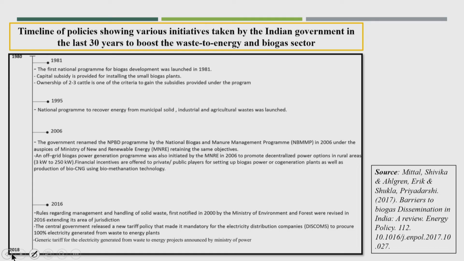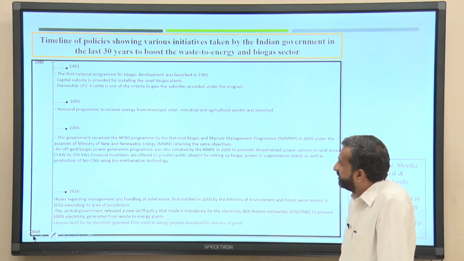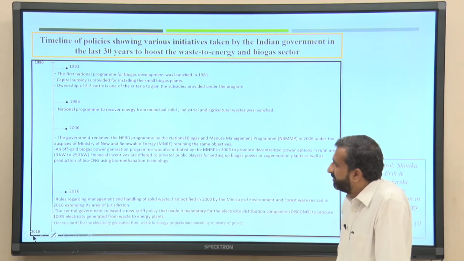I also saw in some states, I visited a few locations in Nagaland, where the local authority is providing 5,000 rupees for construction of a 1 meter cube biogas reactor. So, that was one program that came up.